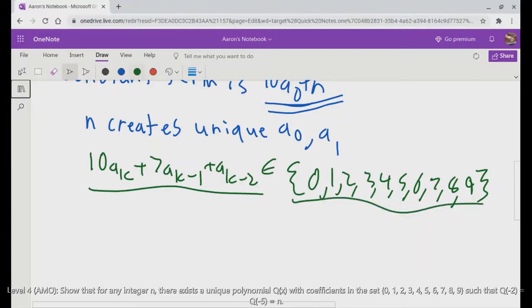So we can see that ak is equal to the floor of 7a(k-1) plus a(k-2), over 10.